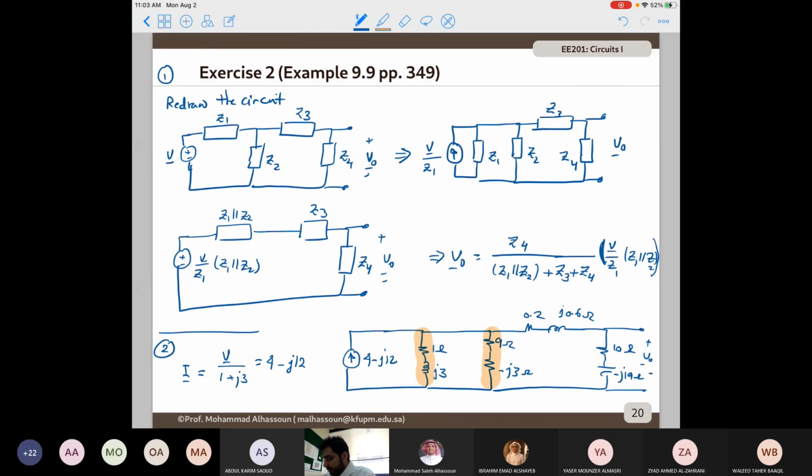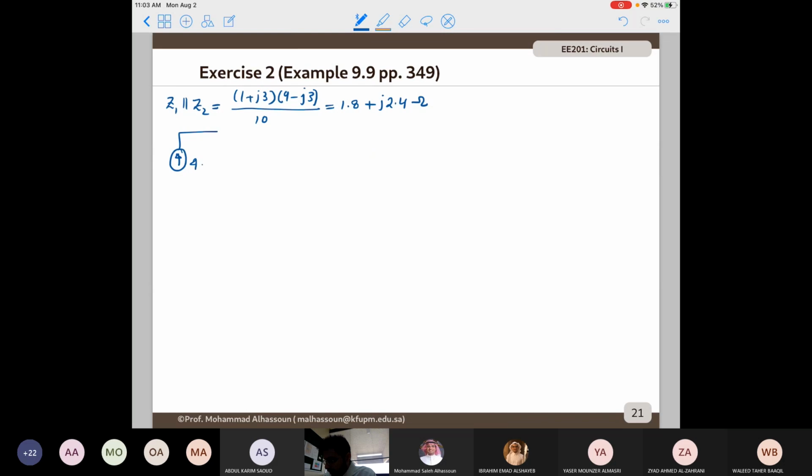So what was the current? 4 minus J12. The real part of the impedance is actually a resistor. If the imaginary part is positive, it means it's an inductor. If it's negative, it means it's a capacitor.